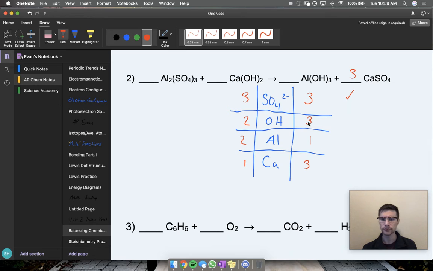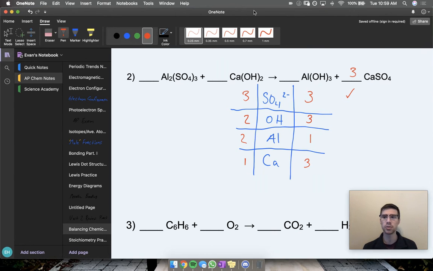Well, it looks like we have an imbalance of hydroxides here. So notice how there's 2 on one side and 3 on the other. Whenever you have a 2-3 imbalance, the best thing to do would be to multiply them by each other, okay?